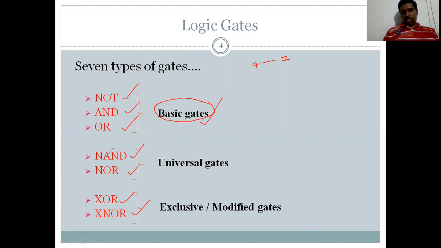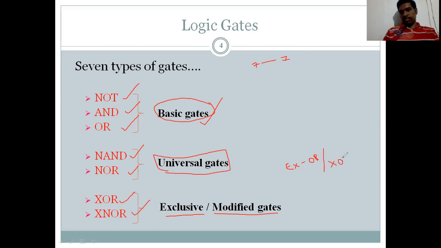Next, NAND and NOR, these two are the gates which you call your universal gates. And the last two are XOR and XNOR, which you call exclusive gates or modified gates. You can represent XOR as EX hyphen OR, or else you can write simply as capital X OR.